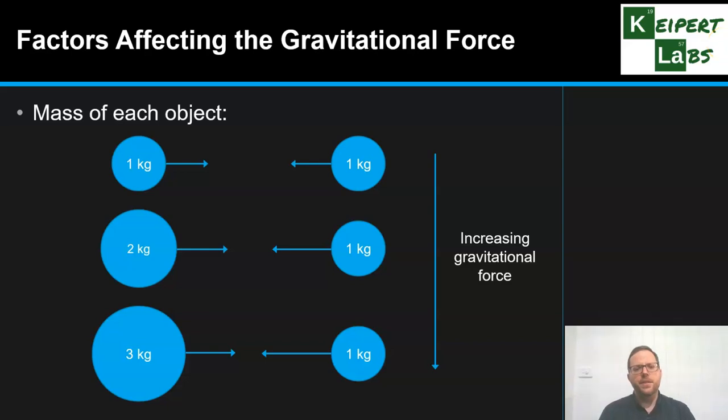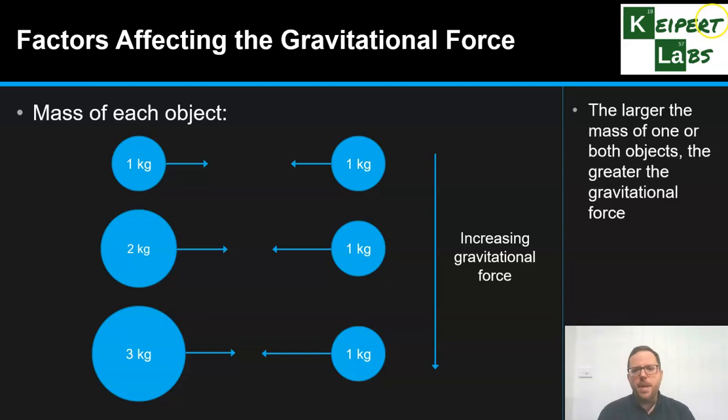Now, if the second object on the right increases as well, we'd see an even greater effect on the gravitational force as both objects get larger and larger. So this is why I say that even though gravity is a relatively weak force, we still feel its effects because we're often interacting with very, very large objects like the Earth beneath our feet. So the larger the mass of one or both objects, the greater the gravitational force. But what about distance?